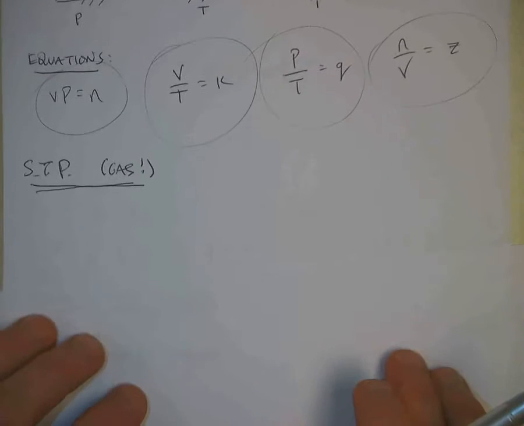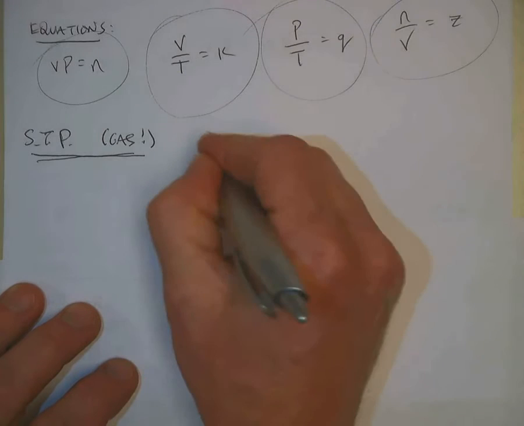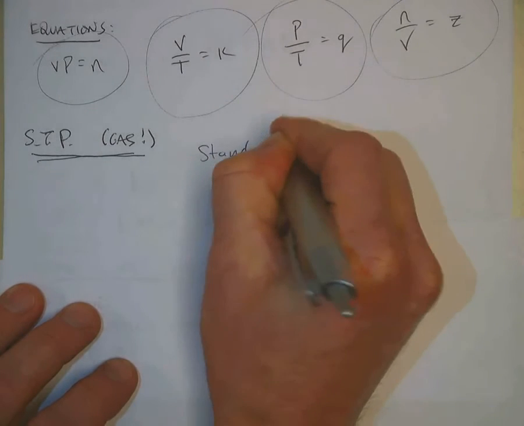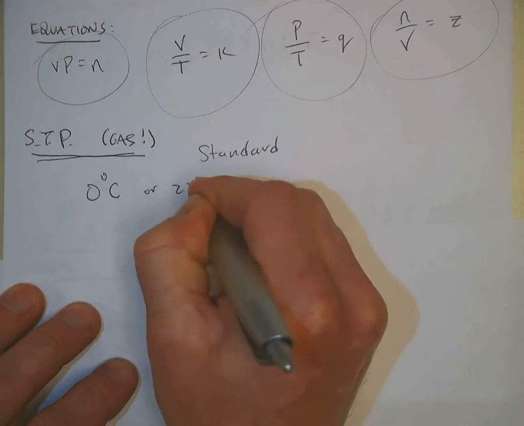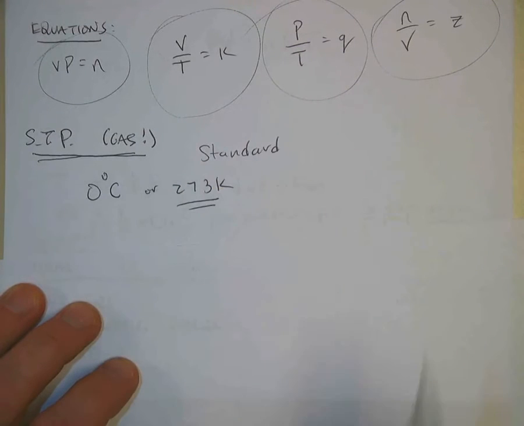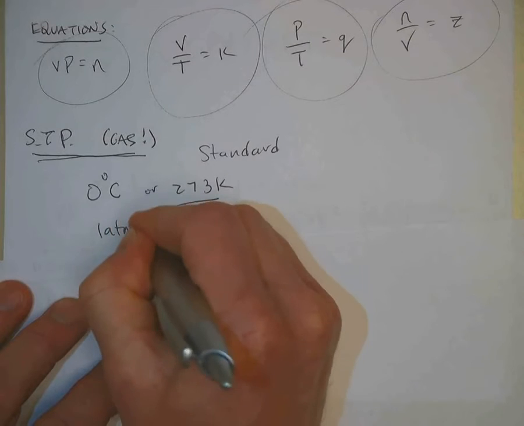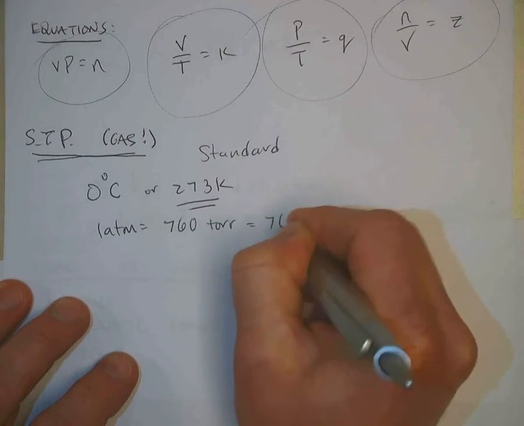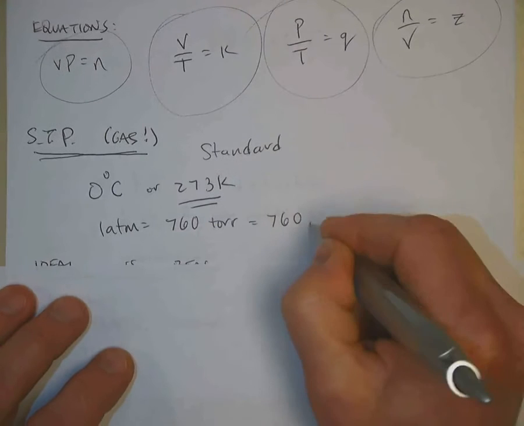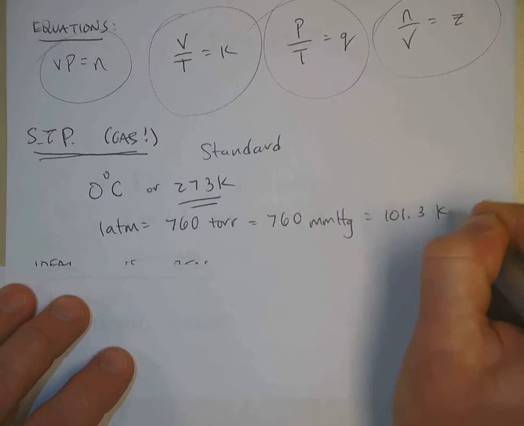Gases are assumed to be at certain conditions, and one of the set conditions for gases is called standard temperature and pressure. Standard temperature and pressure are 0 degrees Celsius or 273 K, and we always want to work in Kelvin when we're working with gases, and also 1 atmosphere or 760 torr or 760 millimeters of mercury or 101.3 kilopascals.